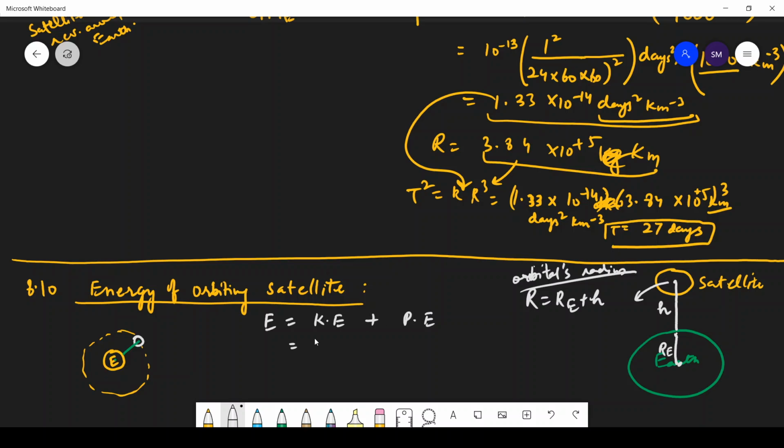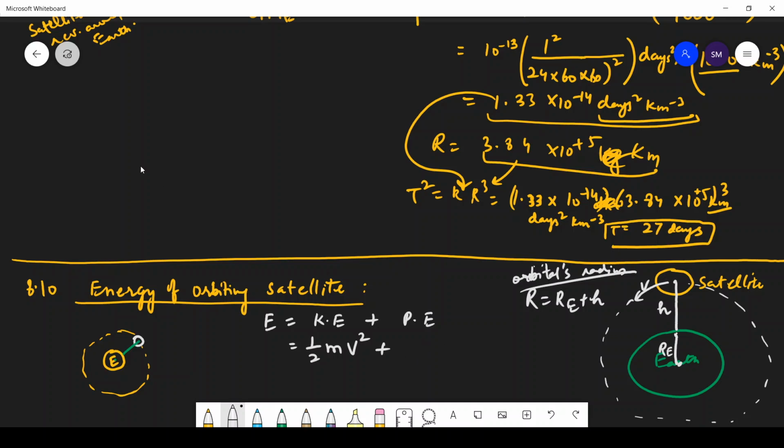So what is the kinetic energy it is carrying? That is half m v squared, where v is the speed with which it is moving in the orbit. So half mv squared plus how much is the potential energy?